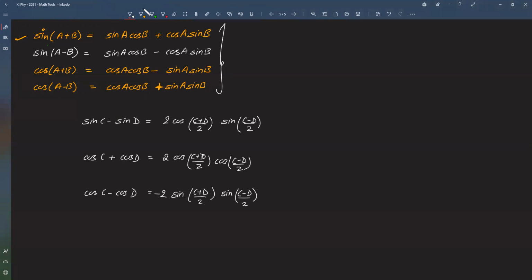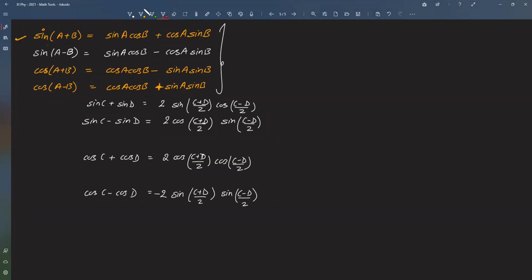And there is a pattern. So I'm leaving that up to you to notice that pattern. If you are able to find it, it's well and good. If not, then we'll discuss that pattern in the next class. So this is 2 sine (C plus D) divided by 2 into cos (C minus D) divided by 2.